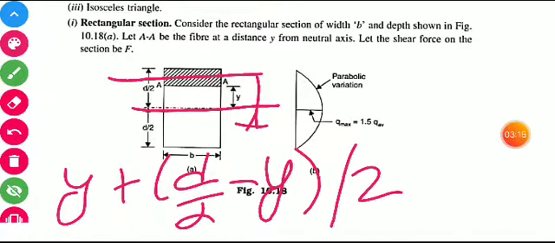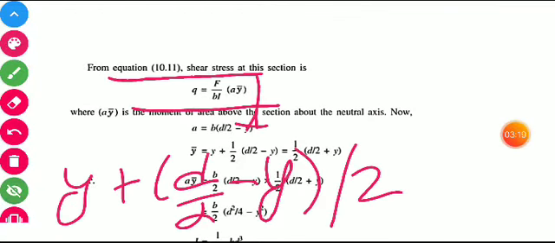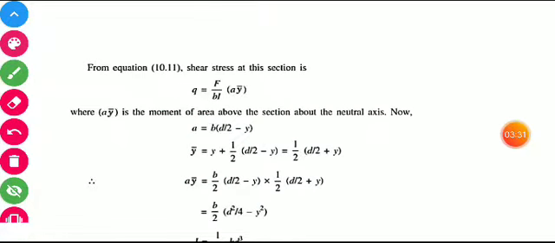This is the value of y bar. So now we check: y plus half of d by 2 minus y, correct? So we know the value of A into y bar. We just put this value in this equation.